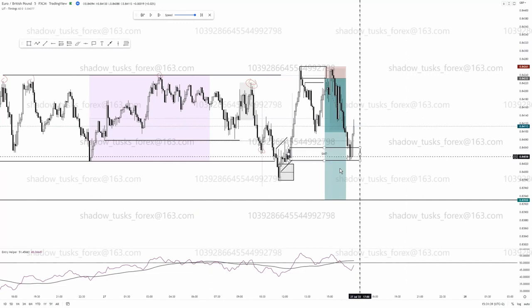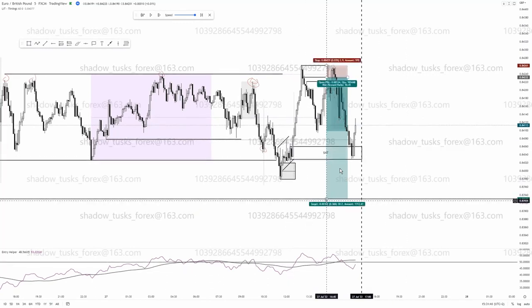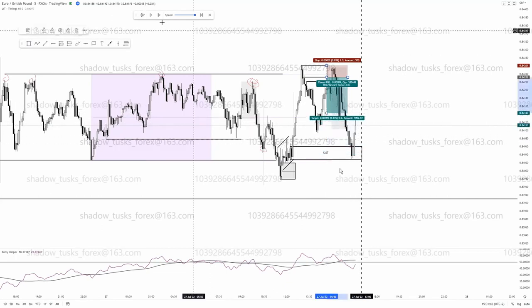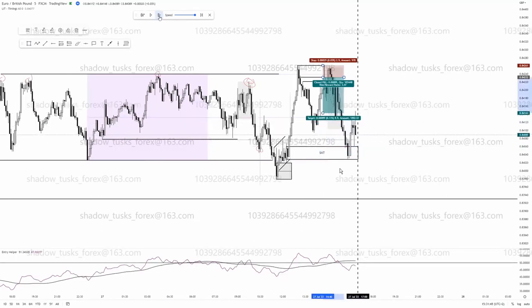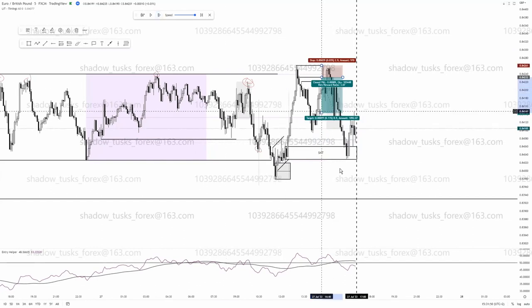It's probably better that you target here, to prevent you from pulling out all the way up here at 1 to 3.